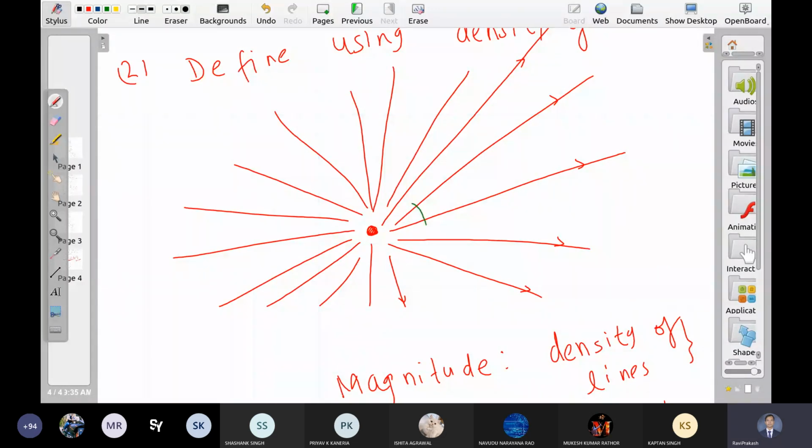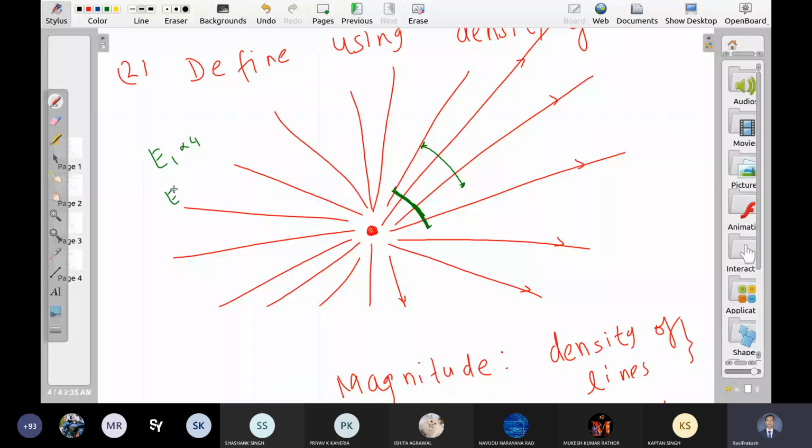How many lines am I getting here? 1, 2, 3, 4. So electric field is proportional to 4 here. If I go here, in the same length, it is still 1 centimeter. How many lines am I getting here? 3. So E is proportional to 4 units, E is proportional to 3 units.